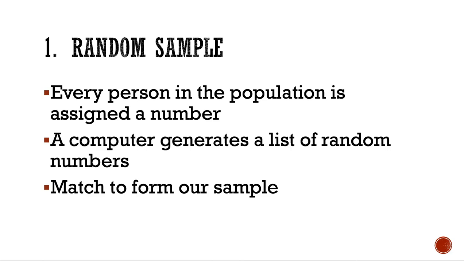If I were doing this in the classroom with you, I would have asked the entire class to number off so that everyone had a number. And then a computer or a calculator generates the random number. So this is the key part. You've got everybody numbered off, and then a computer selects the numbers that form the sample. That keeps any bias from coming in on my part.